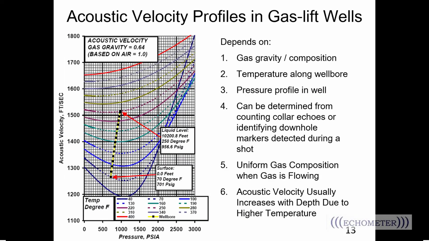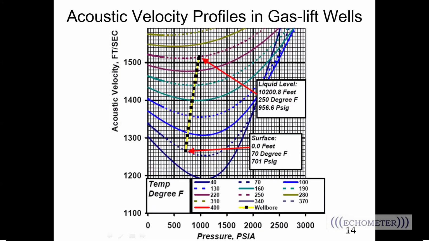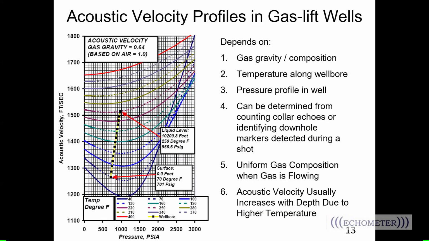if the pressure is at 1,000 pounds in the casing, and the pressure's leaking off towards zero, then all those curves that are less than 190 degrees Fahrenheit show that as the pressure drops from 1,000 towards zero, the acoustic velocity goes up.